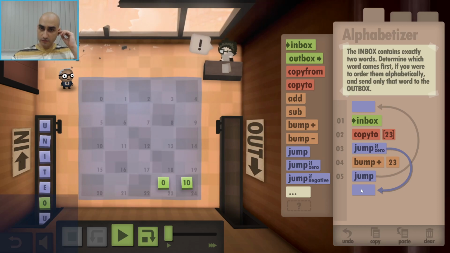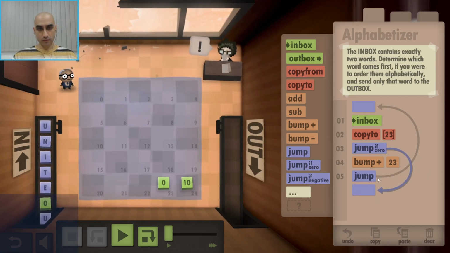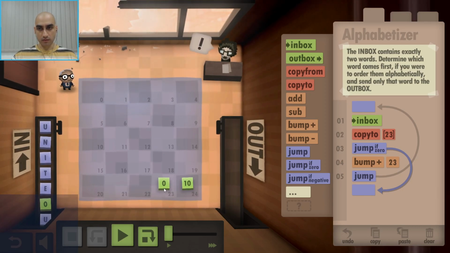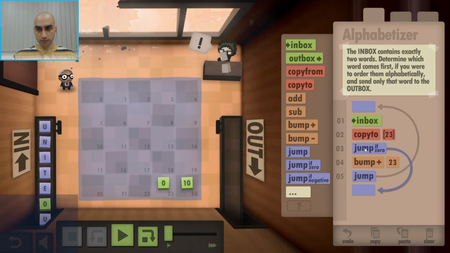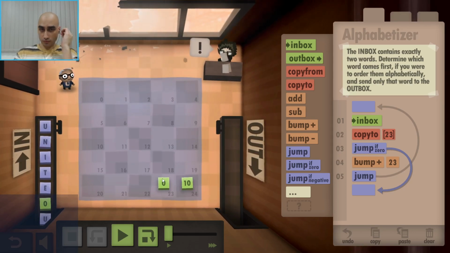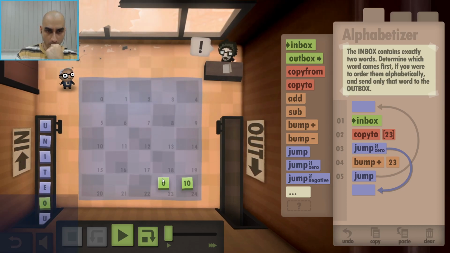So if we're holding 0, we jump out of this, move to the second loop. So the counter is pointing to the 0 we've just placed.